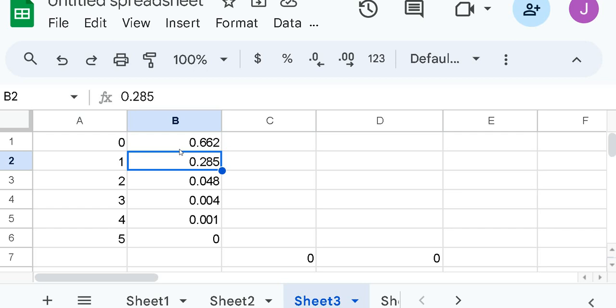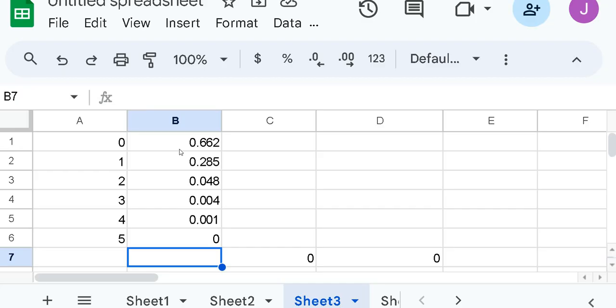0.285, 0.048, yeah, I said that right, 0.004, 0.001, and 0. Now, if this is actually a probability distribution, how can I check it? How can I make sure that this is actually a probability distribution?